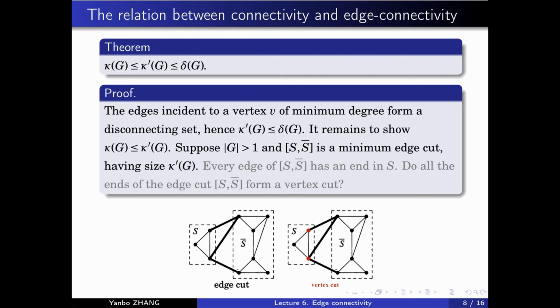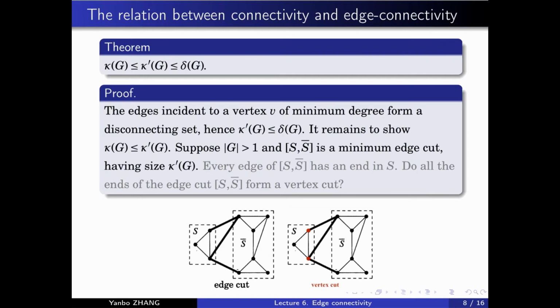Suppose that the size of G is larger than 1, and the set of edges between S and the complement of S is a minimum edge cut. Having set kappa prime G, we can take the bottom picture as an example.